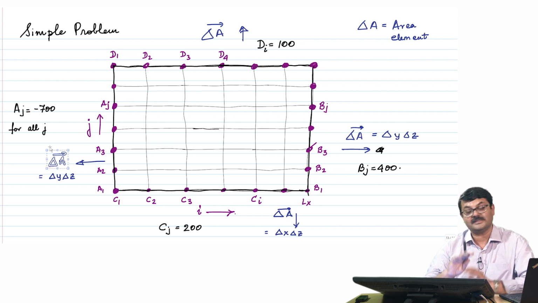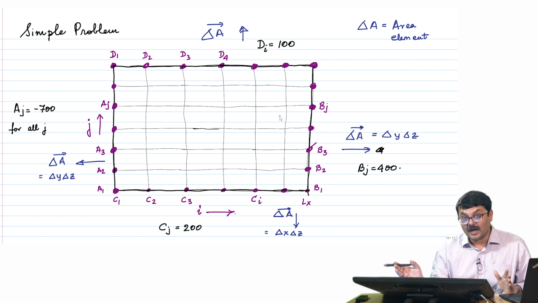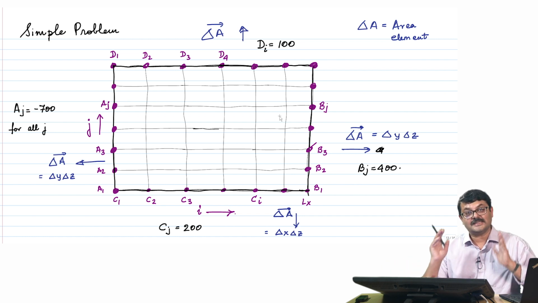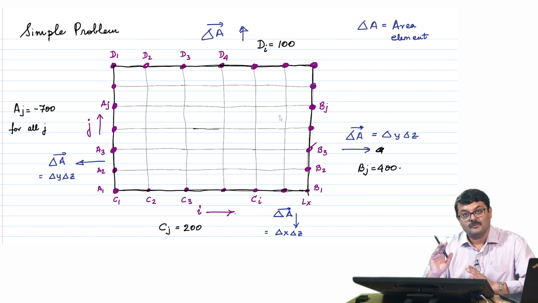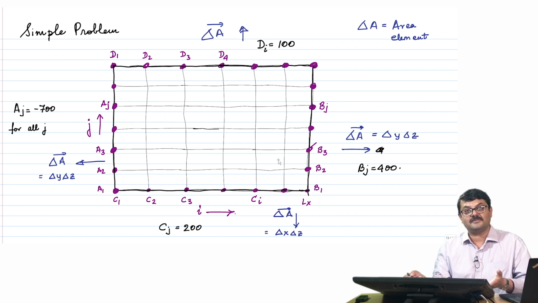If you do it right, you will see that there is no net heat input into the system. The amount of heat coming in is equal to the amount of heat going out, and only under such a condition would you have a steady state. If there was a net heat input into the system, then the temperature of the system would rise, right.